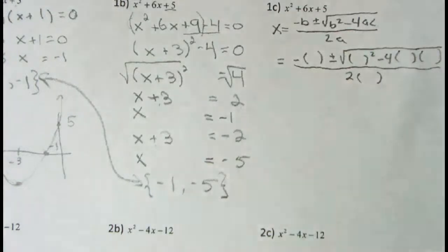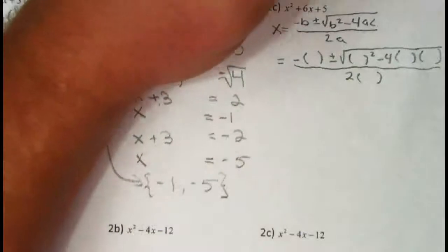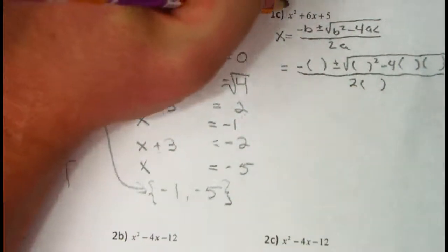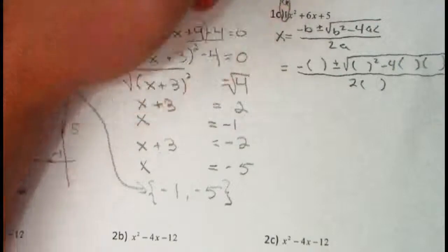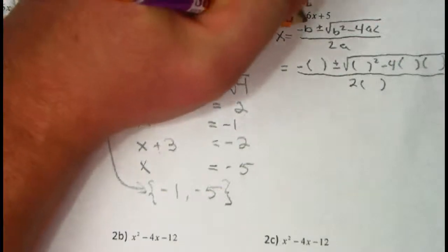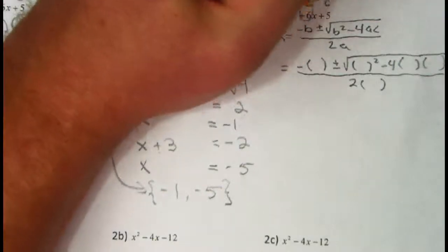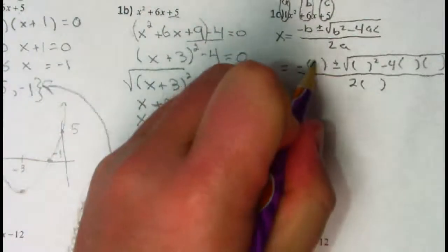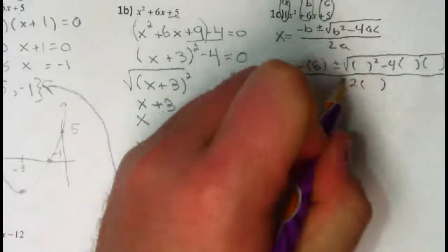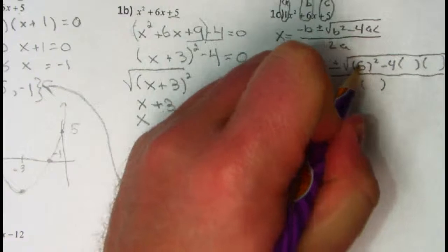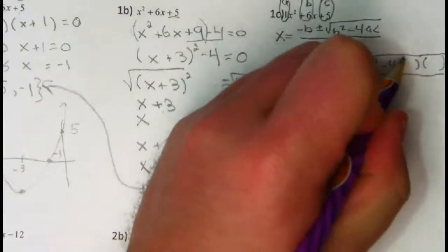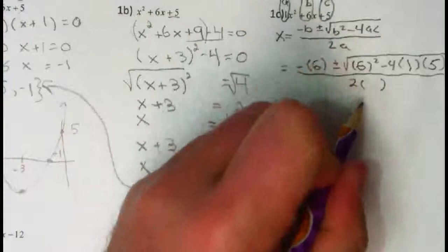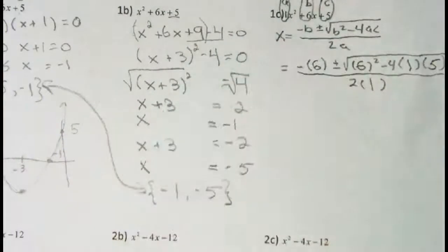All right, so up here, I know A is equal to 1, B is equal to positive 6, C is equal to positive 5. So negative 6 plus or minus the square root of 6 squared minus 4 times 1 times 5 all over 2 times 1.